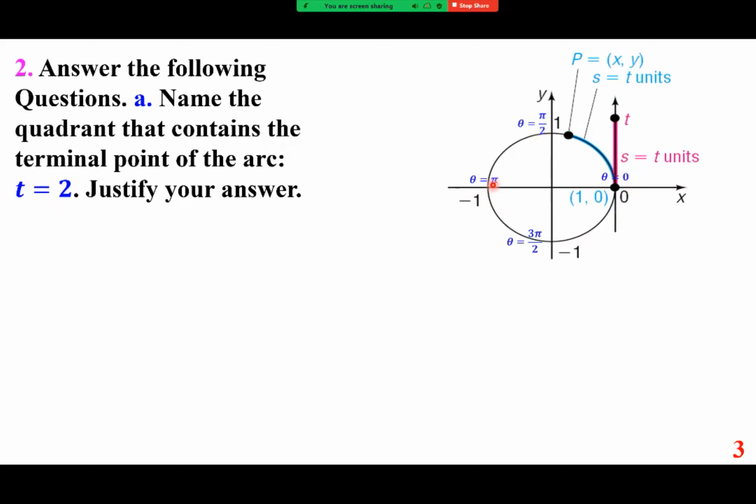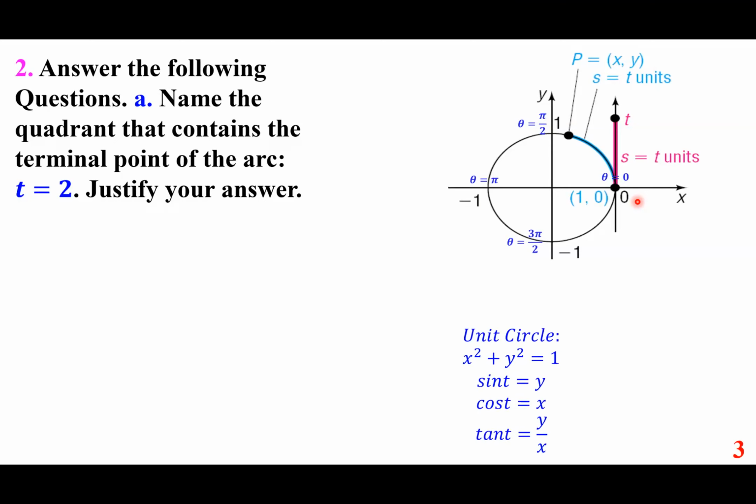Then from pi over 2 to pi, pi is 180 degrees, that's the second quadrant. The third quadrant is pi to 3 pi over 2, where 3 pi over 2 is 270 degrees. And from 270 degrees to 2 pi or 360 degrees, that becomes the fourth quadrant, just to refresh everyone's memory.